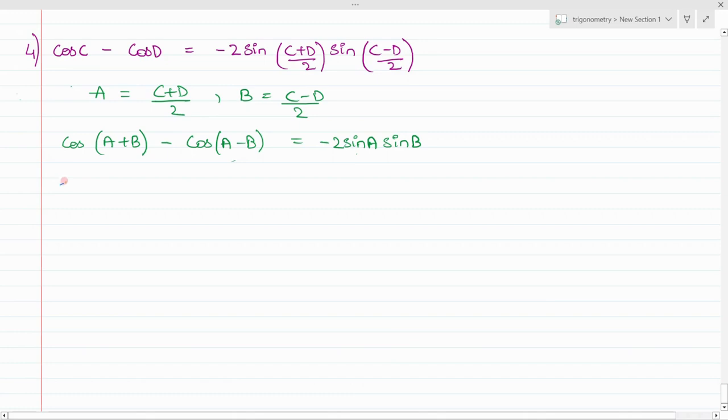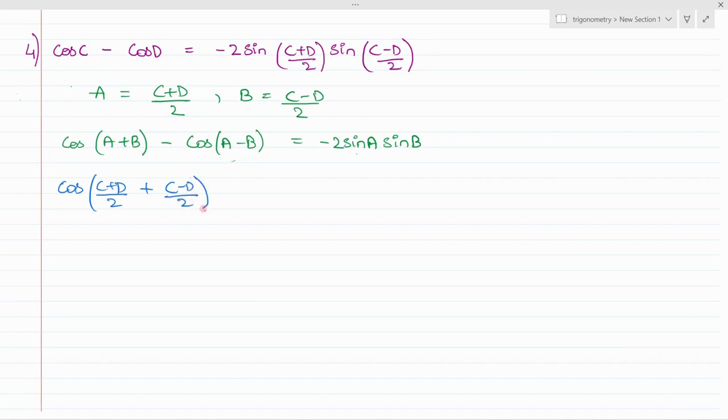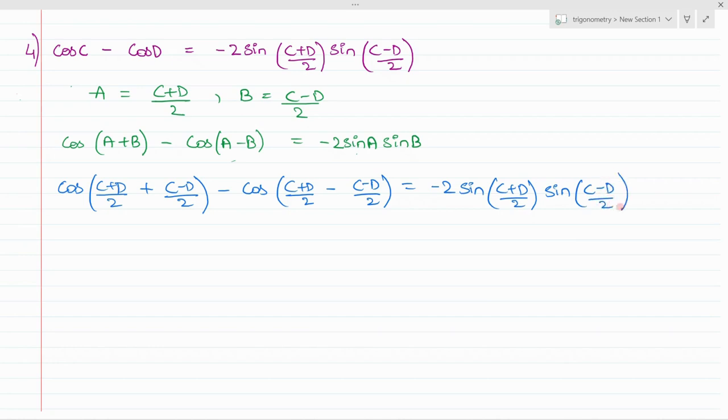So substitute it: cos of (C plus D by 2 plus C minus D by 2) minus cos of (C plus D by 2 minus C minus D by 2) is equal to minus 2 times sine of (C plus D) by 2 into sine of (C minus D) by 2.